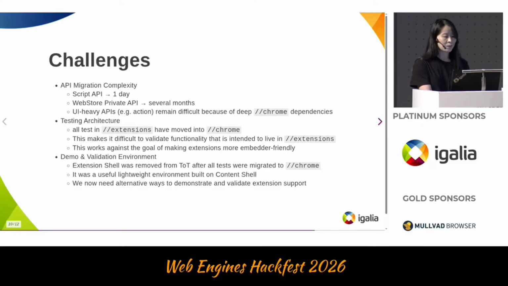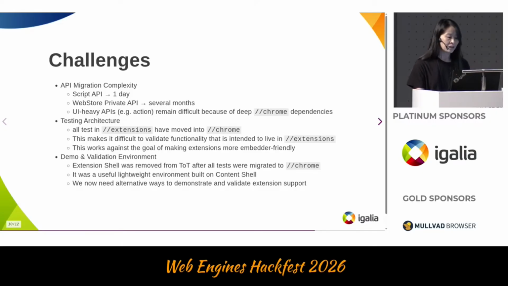In contrast, the Web Store Private API has a significant dependency on Chrome-specific code and UI, and migrating it has taken several months of work. Looking ahead, APIs such as the Action API will be particularly challenging because they are deeply integrated with broader UI concepts that do not naturally exist in embedded environments.